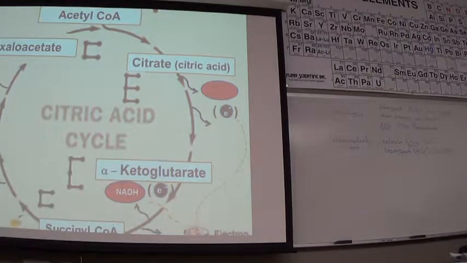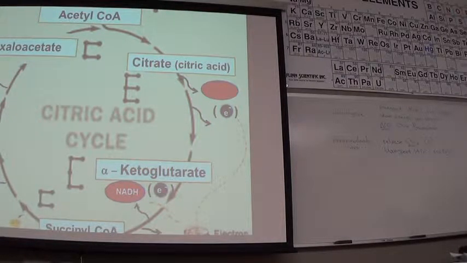And then as we go through this cycle, you don't have to know the alpha-glutaric acid or the succinyl or fumaric acid. There's a couple of others that are left in here. But I want you to know that in that process, additional hydrogens are captured, if you will, by the coenzymes NAD and FAD for use in our electron transport. That we lose our last remaining carbon dioxides twice.